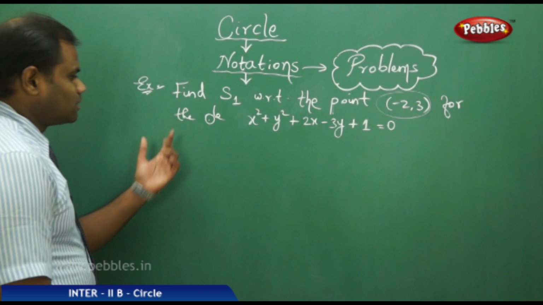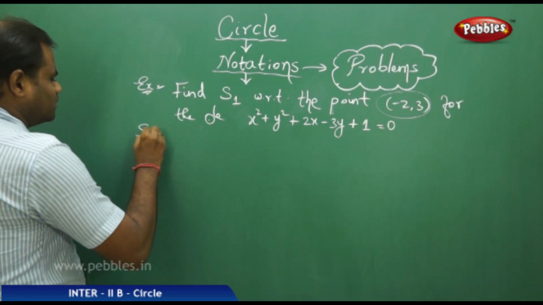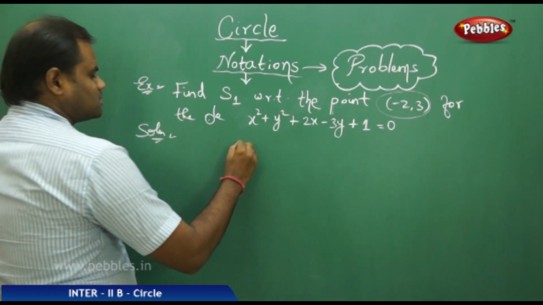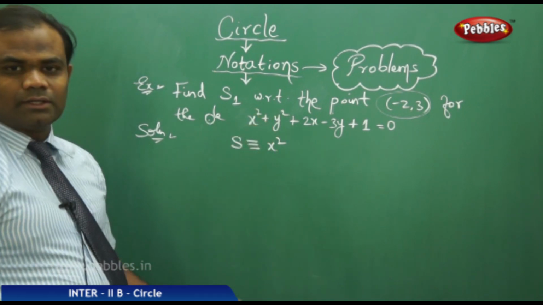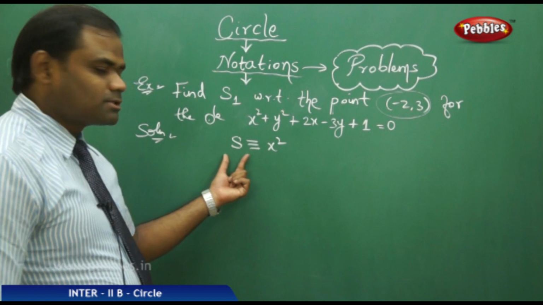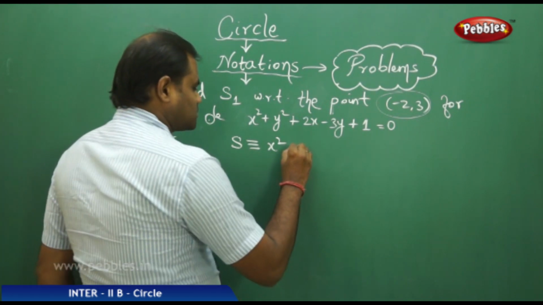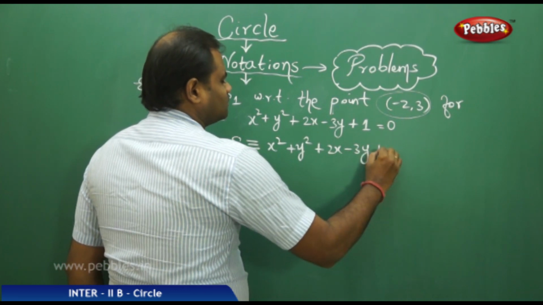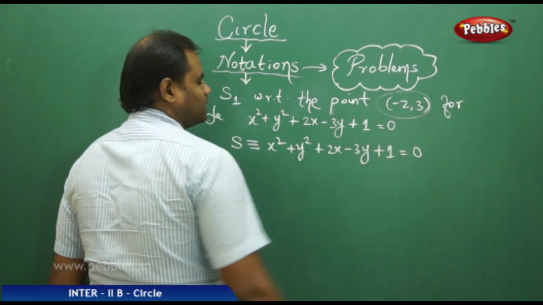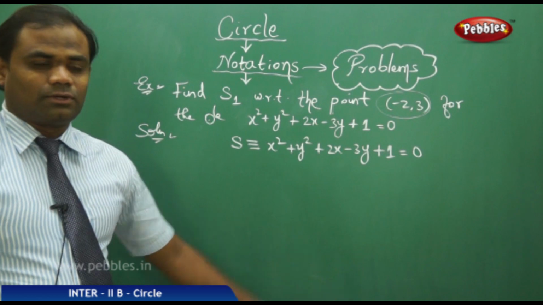So now that we have seen the notation, let's initially take the circle in general form as S, which is x squared plus y squared plus 2x minus 3y plus 1 equal to 0.